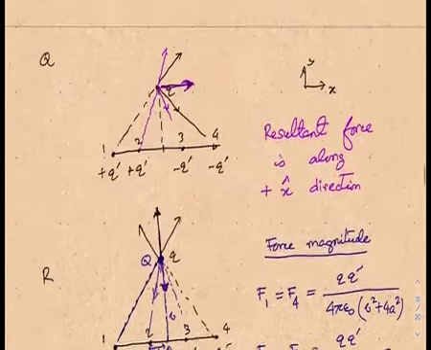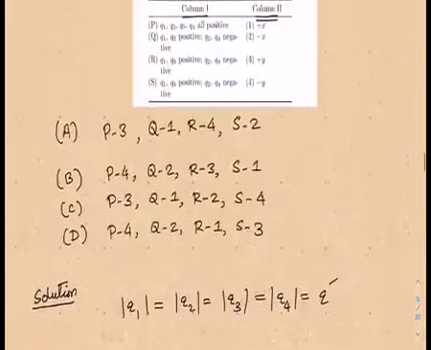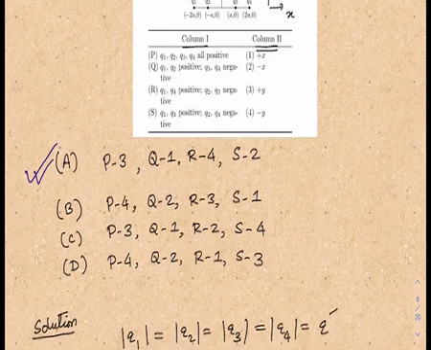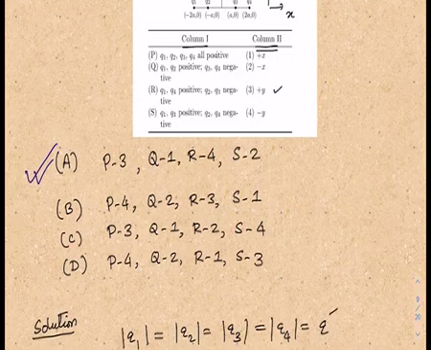So if you now look at the options and note it down, you will find that option A is the correct one. When Q1, Q2, Q3, Q4 are all positive, it matches: the force direction is along the plus y direction.